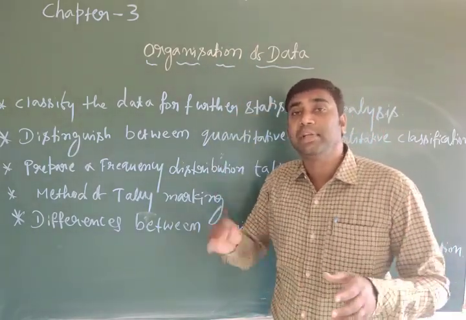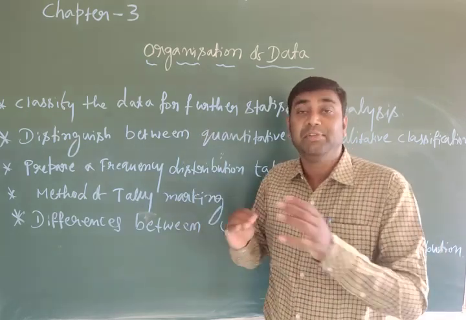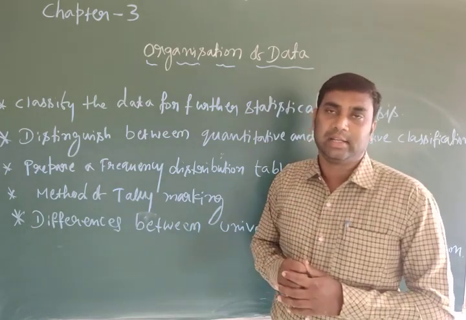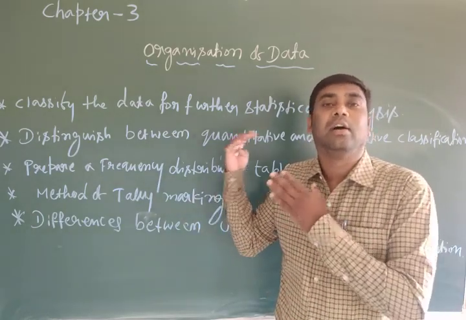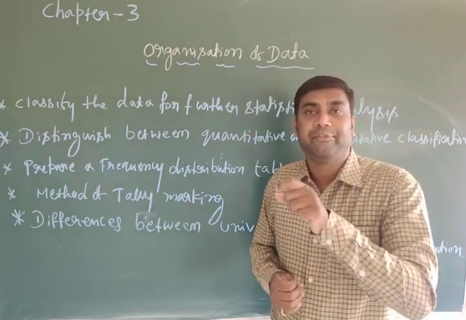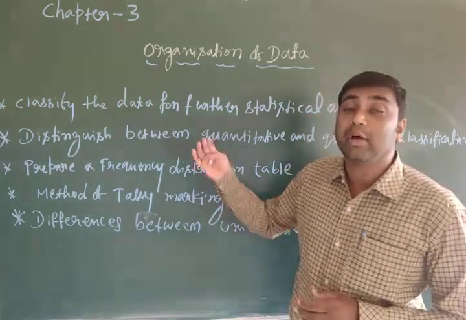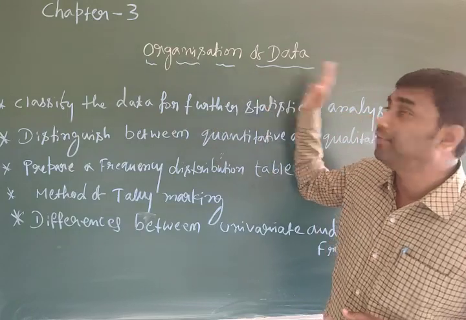In chapter number 4, we will discuss presentation of data, in which way we have to present it: in the form of a table, pie chart, or graph. Through that also we can explain or present. But before that, we have to understand organization of data.